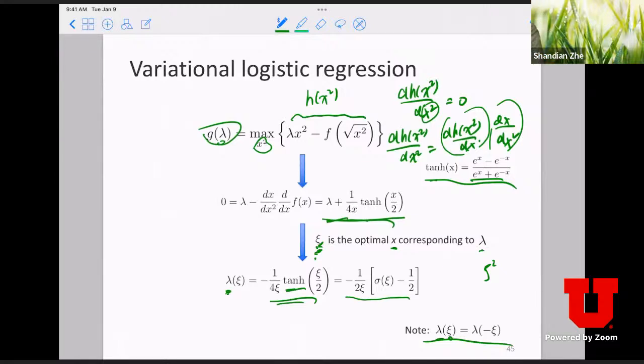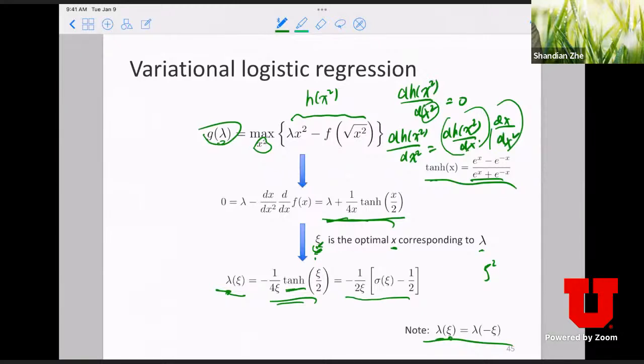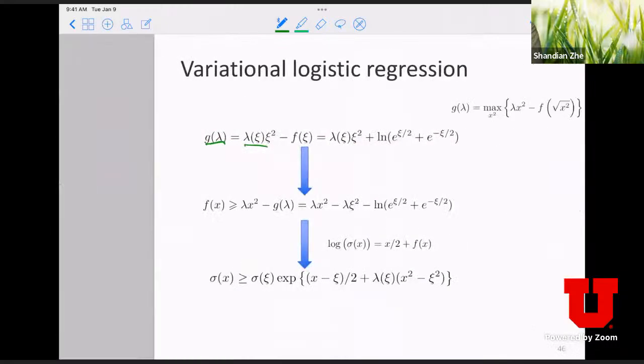Okay, let us assume we know this qc. We know there's a relationship between lambda and its corresponding qc, and we can write down our g of lambda as this linear function. Remember, g of lambda is the maximum of this, and the optimal x squared is qc squared. So you shove in the optimal x squared, you get the value of g of lambda.